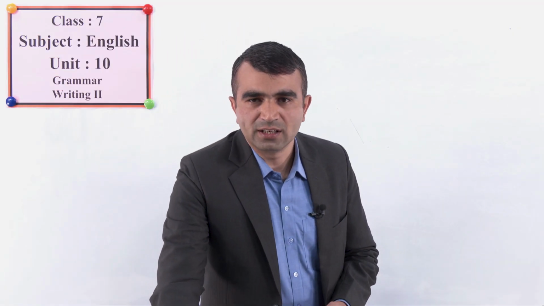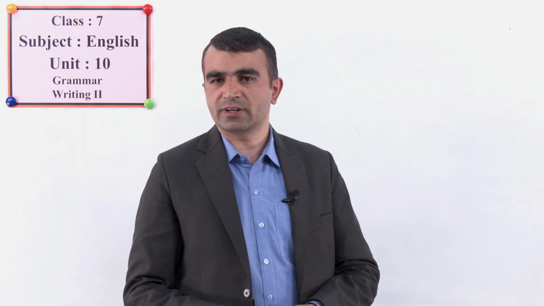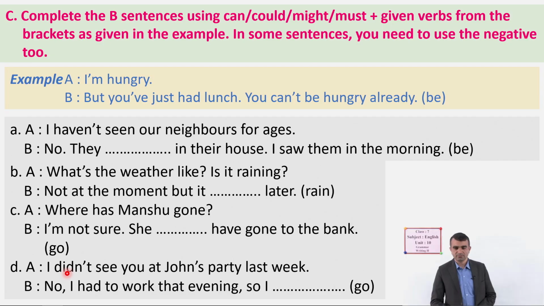Now, next, activity C. Okay? Let's see what is there. Now, complete the B sentences. Here A and B, in each number, they are given in pairs. It's in dialogue form. A and B are talking. Complete the B sentences using can, could, might, must, either can or could or might or must, one of them, plus the given verbs.